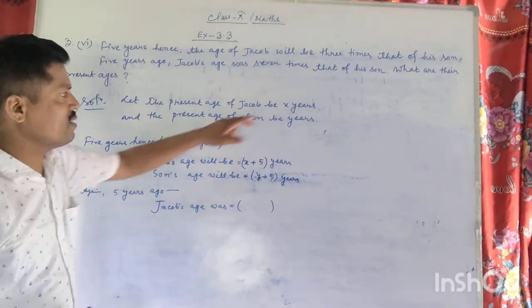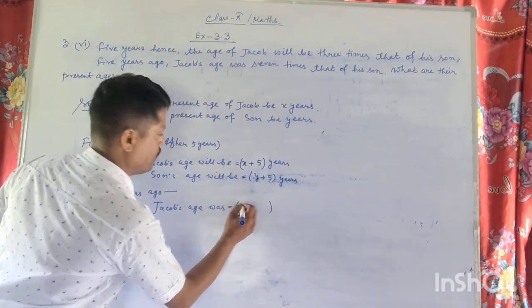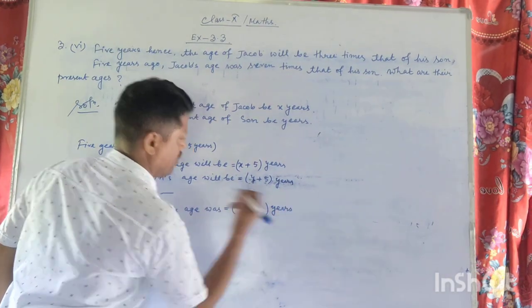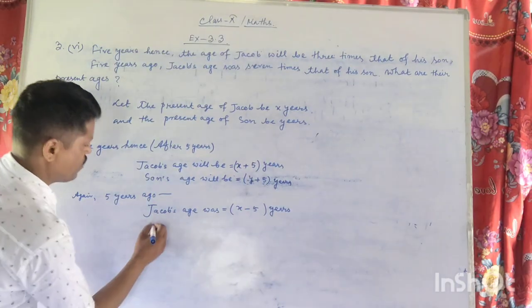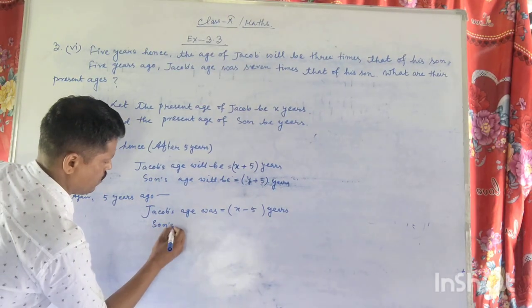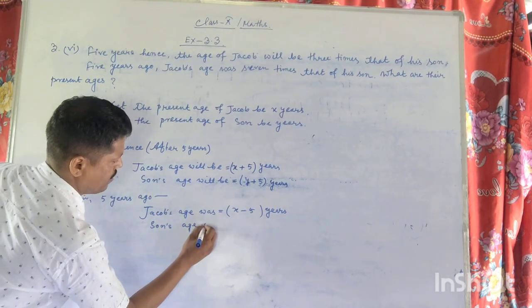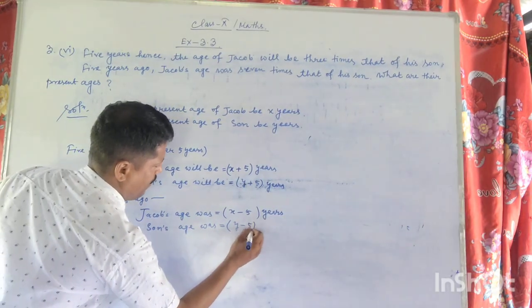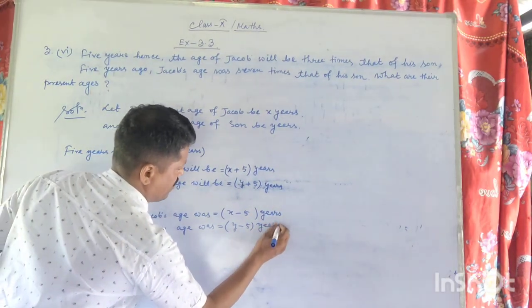So present age X minus 5 years, and son's age was Y minus 5 years.